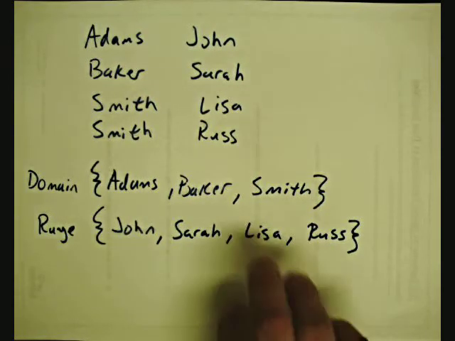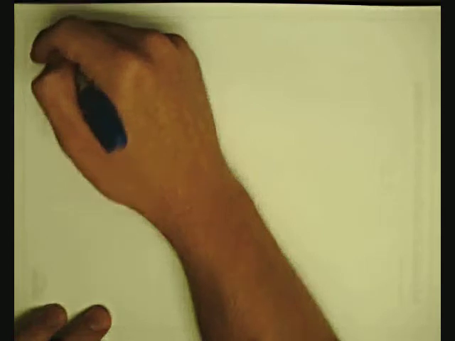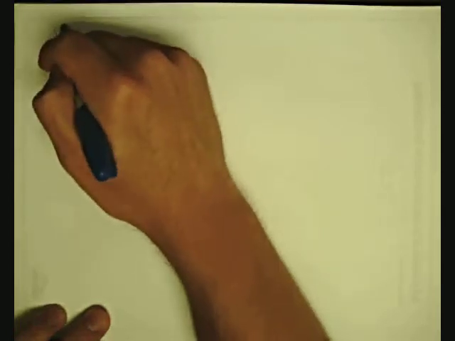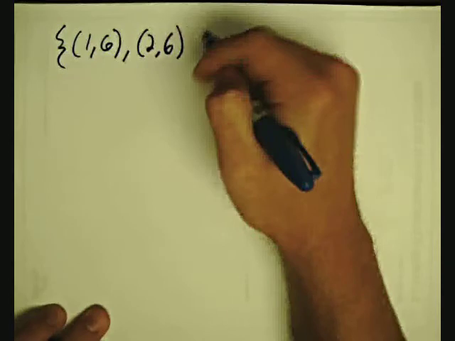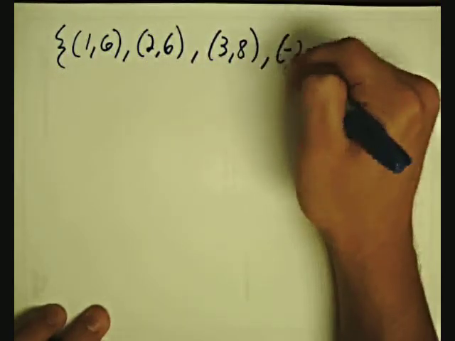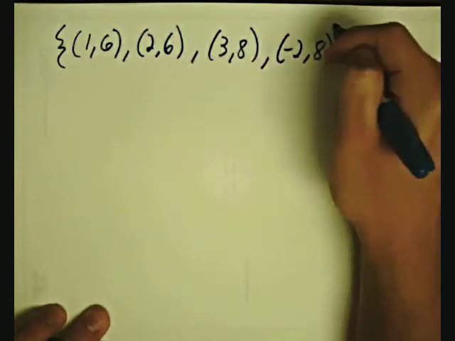Most of our work will involve functions as equations and graphs. For example 1, though, let's start by looking at a set and determining whether or not the set is a function. We'll also state the domain and the range of the relation. So example 1a, we have the relation in set form: (1, 6), (2, 6), (3, 8), and (-2, 8).